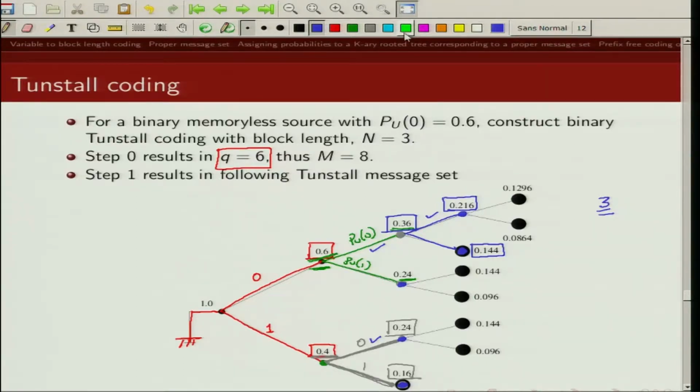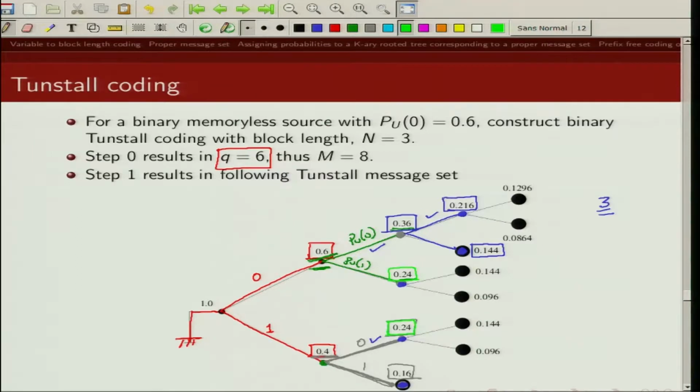Let's use a different color, a light green. Now, among the leaves that are left, this has probability 0.24 and this has probability 0.24, and these are the two most likely leaves. So for the fourth extension, we should extend any one of them.